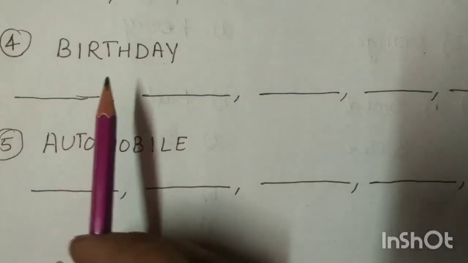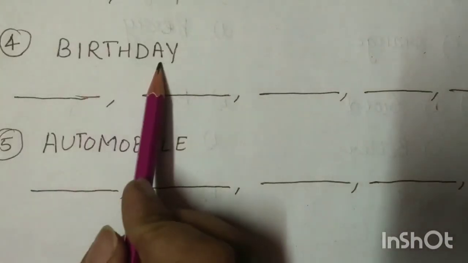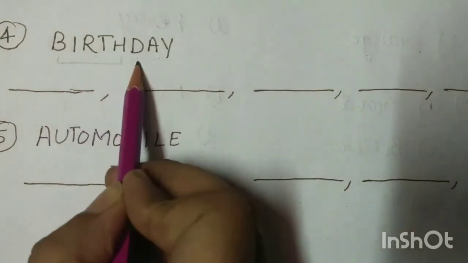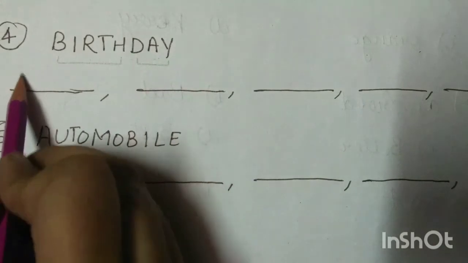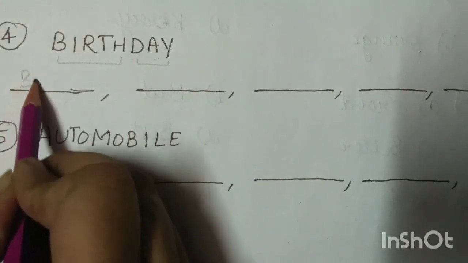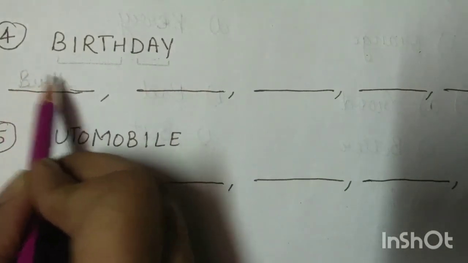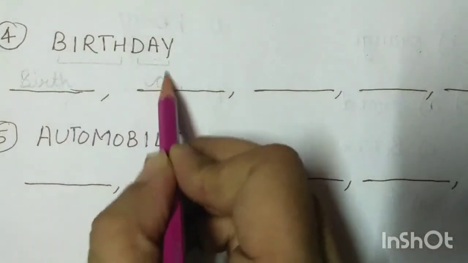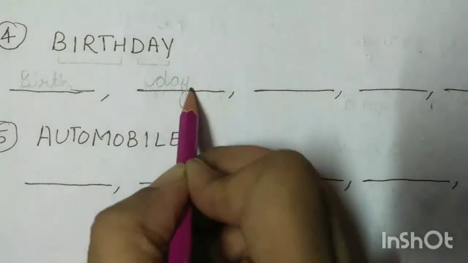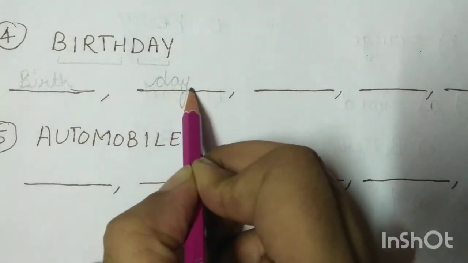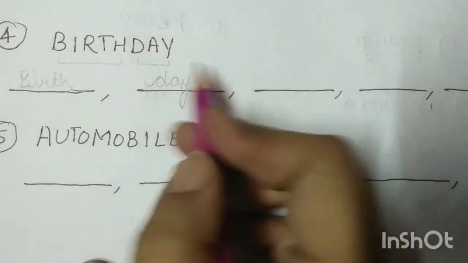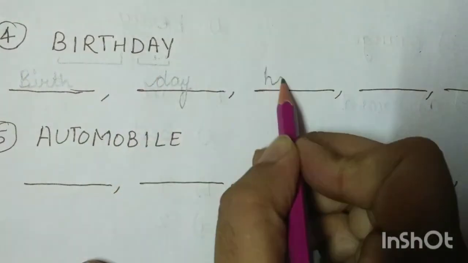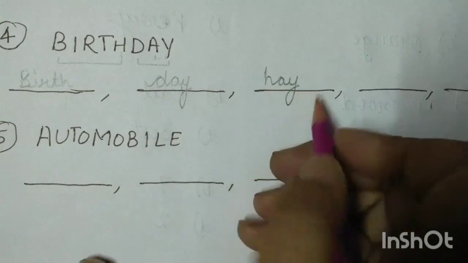So our next word is birthday. This is made up of birth and day. So we can find easily birth as the first word. Day is the second word. Then H-A-Y, hay is the third word.